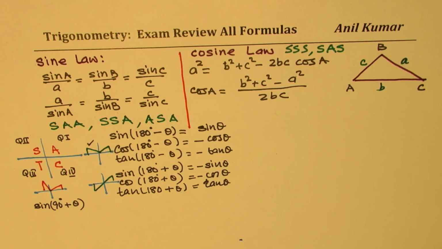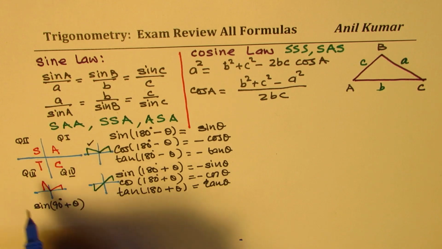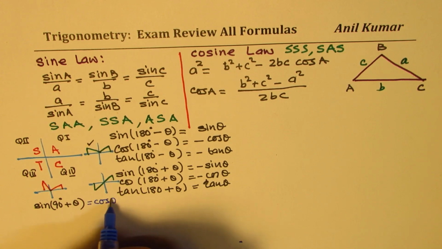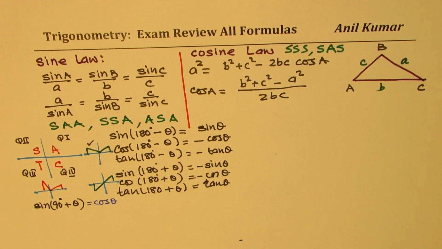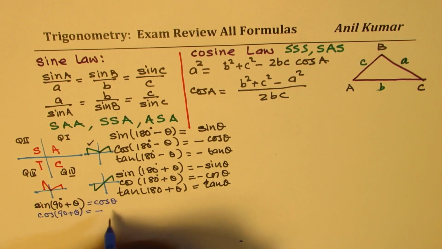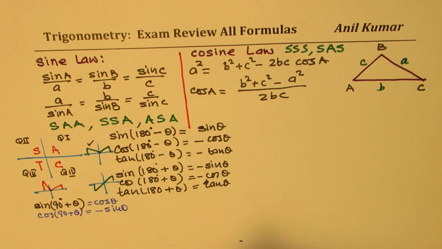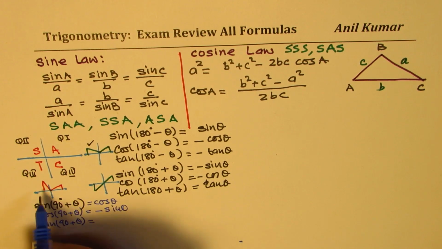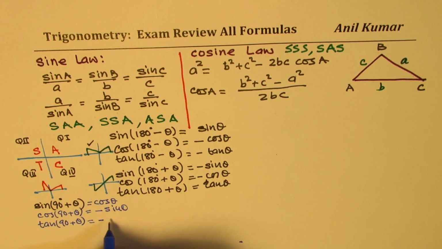So in this case, things are slightly different. Sine 90 plus theta, sine is positive, becomes cos theta. So these are cofunction identities, right? Cos of 90 plus theta, cos is negative, so it becomes negative sine theta, and tan of 90 plus theta will be equal to, tan is also negative here, so minus cotangent theta.